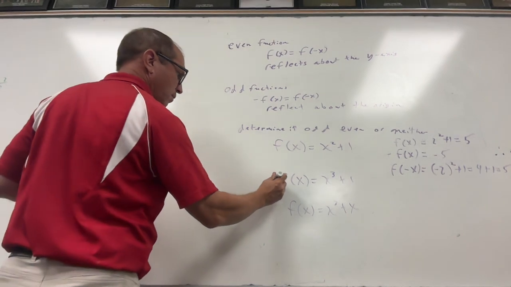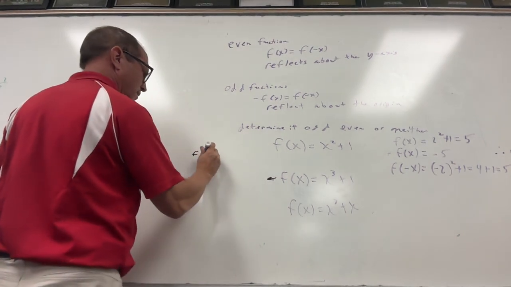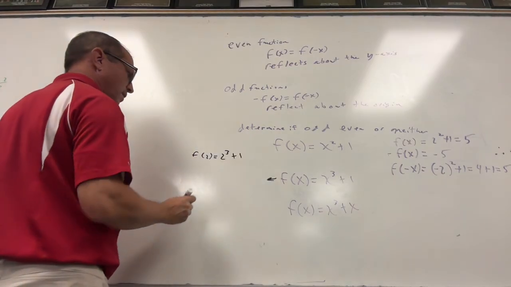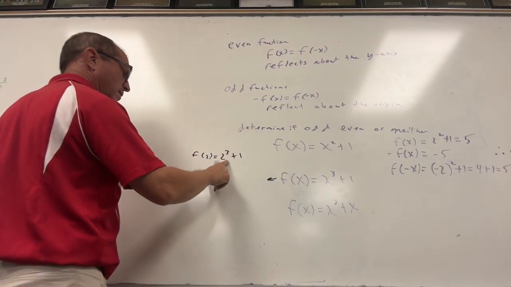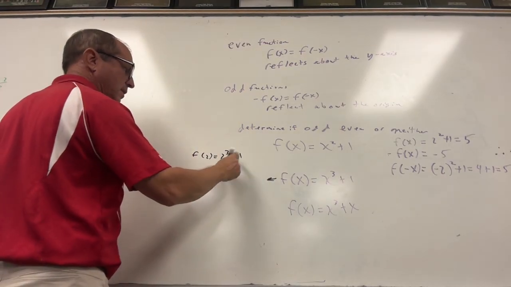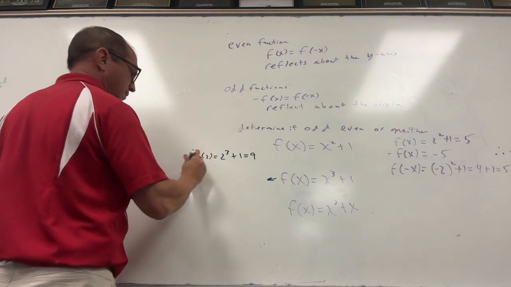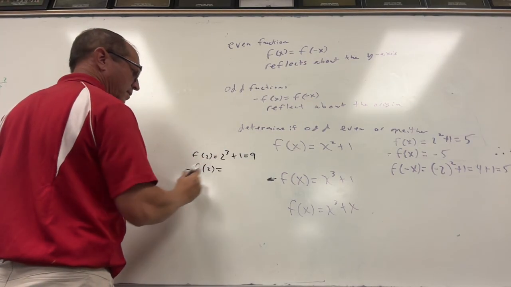All right. What is f of 2? Well, it's 2 cubed plus 1, right? And what is 2 cubed? 8 plus 1 is 9. All right, what is the negative of f of 2? Negative 9.